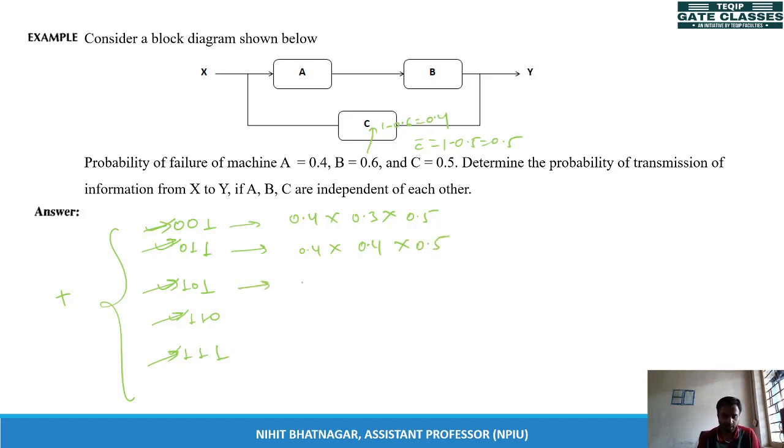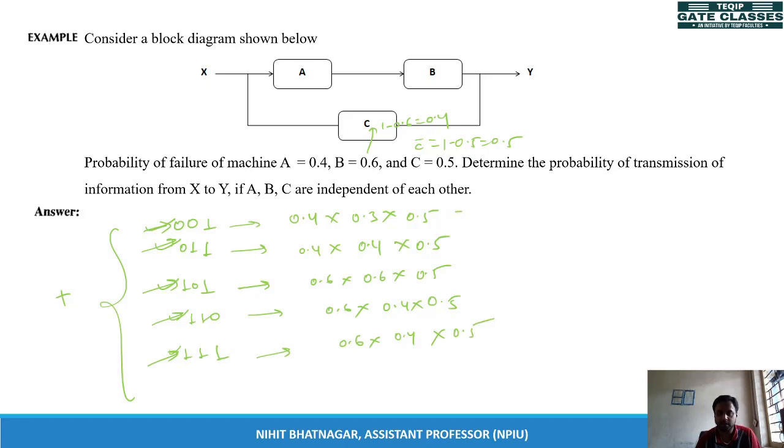Then 0.6 multiplied by 0.6 multiplied by 0.5. Then 0.6 multiplied by 0.4 multiplied by 0.5, and then 0.6 multiplied by 0.4 multiplied by 0.5.